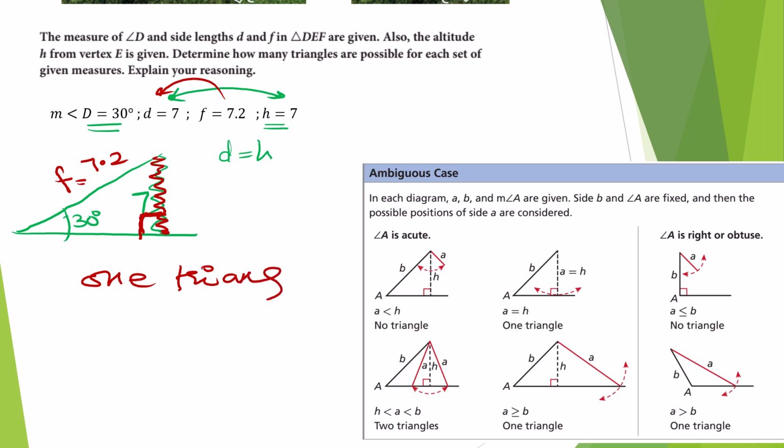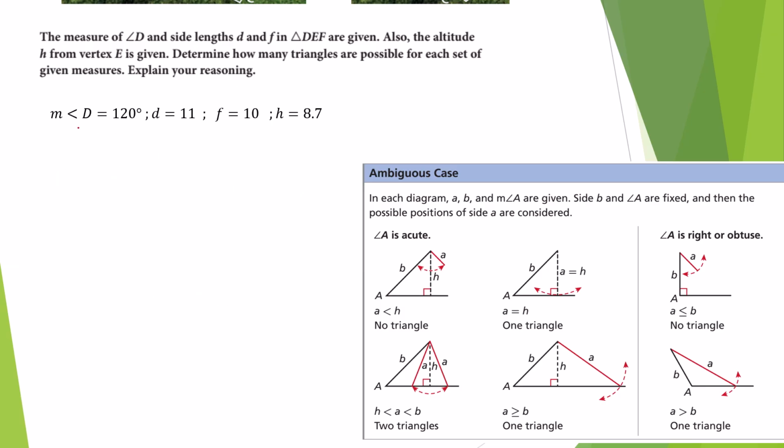Now what two things do you have to find out? That H and D should be smaller, and the side opposite to this 90 degrees should be the biggest one. That is, F should be bigger than the D or the H. It has to be the biggest, otherwise you cannot make the exact triangle.